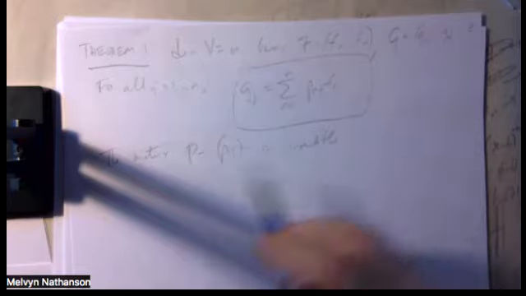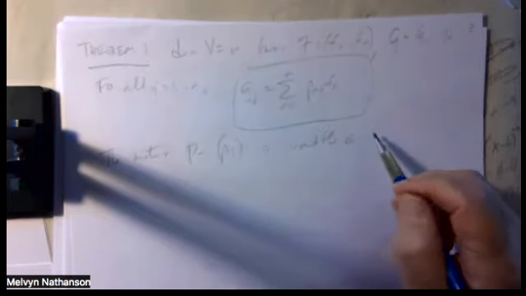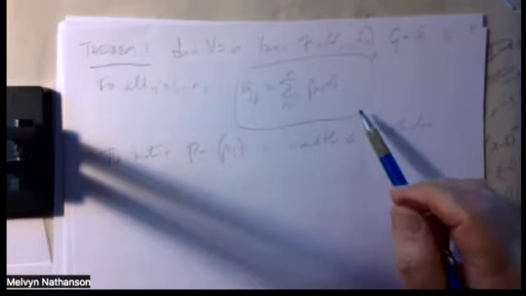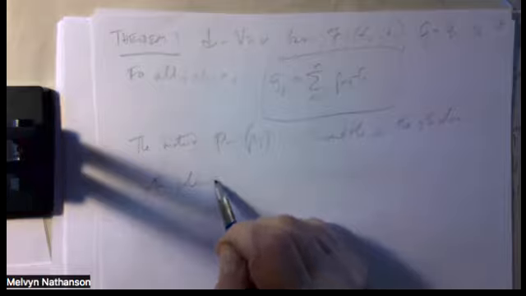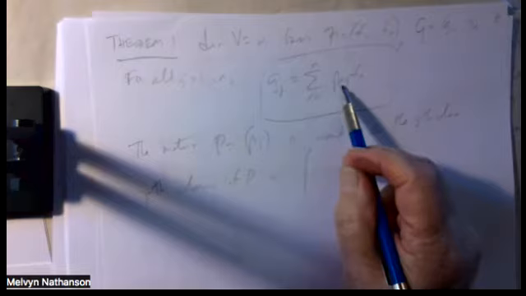So notice that in the matrix Pij, the jth column of P is P1j, P2j, down to Pnj. That's exactly the coordinates of the vector Gj with respect to the basis F.